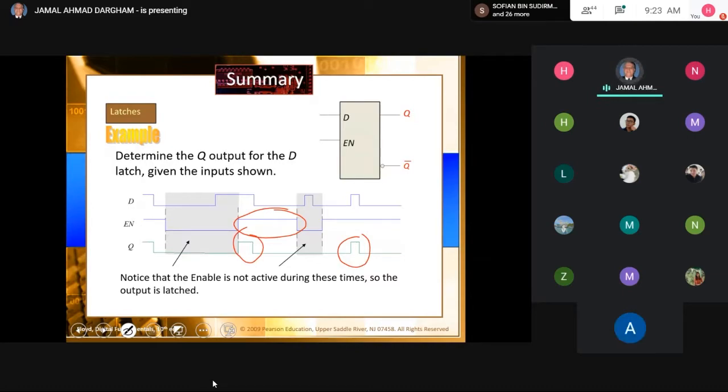Okay, when enable is high, it changes state. So that's what we call the latch. A latch changes state when the enable is active, regardless if it's active high or active low.